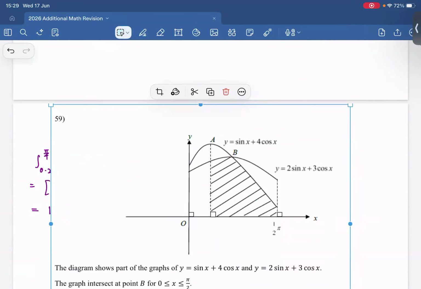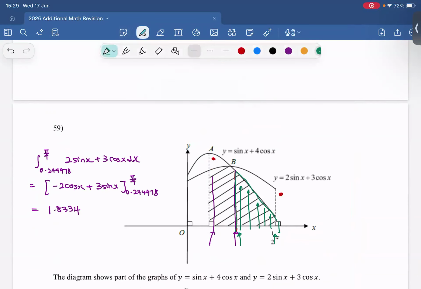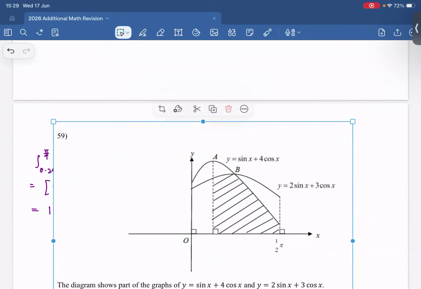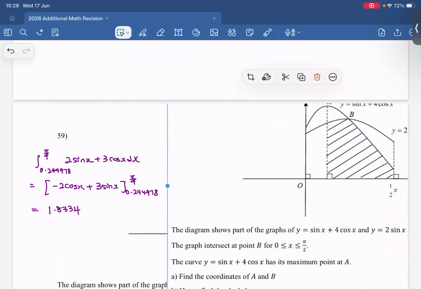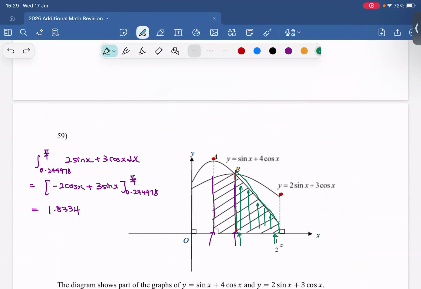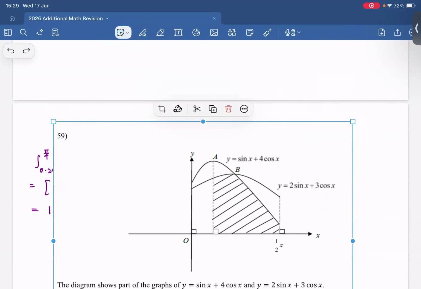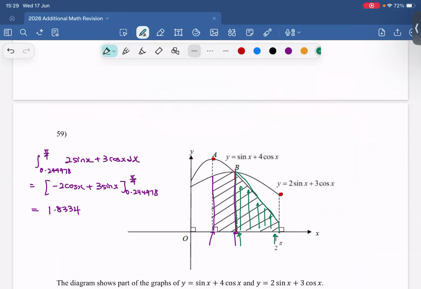Okay, now I want to find the green color area.